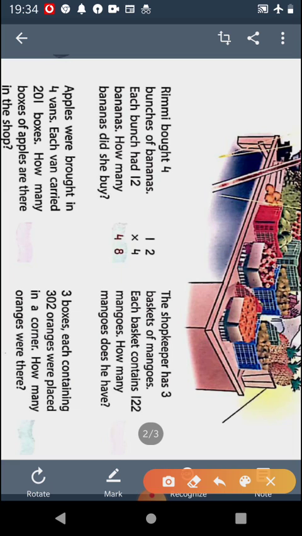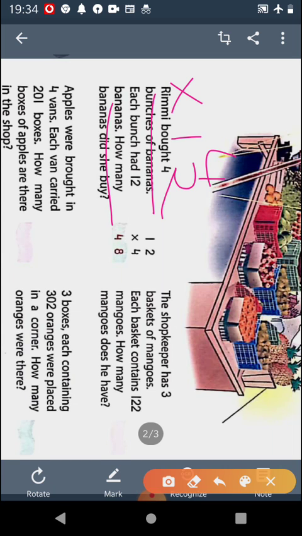So since each bunch had 12 bananas, so 12 multiplied by 4. Again, it is multiplication, 4 bunches and each bunch having 12 bananas. If you write it like this, 4 multiplied by 12, it will be difficult for you to multiply because you are not familiar with this kind of multiplication.